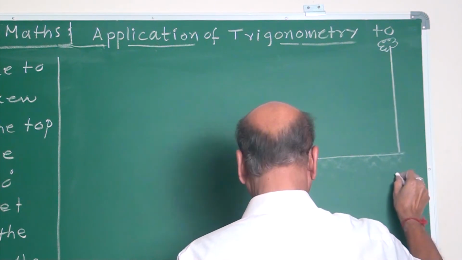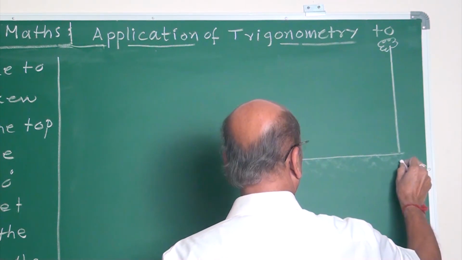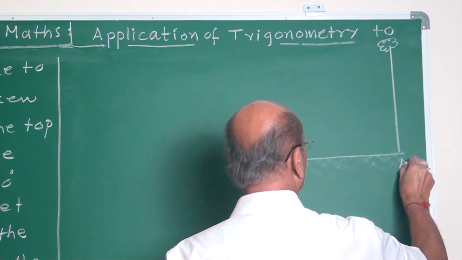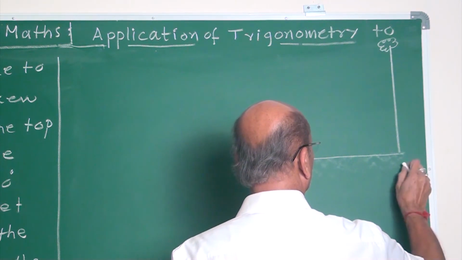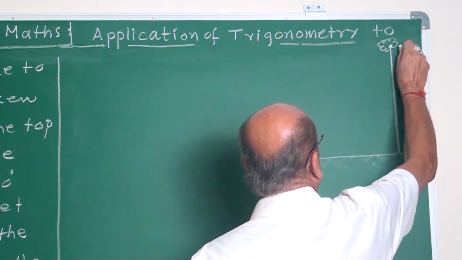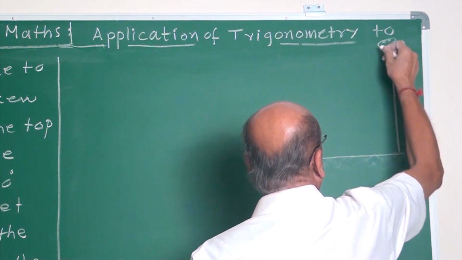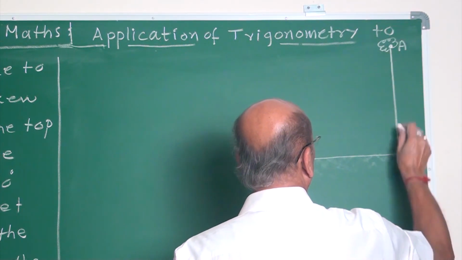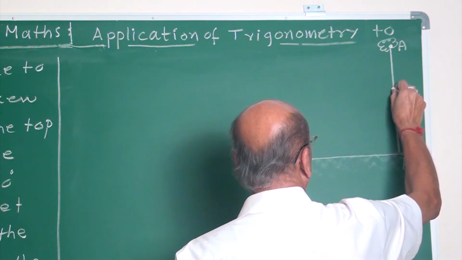Say this is AB, or we can say A is the top. The tree broke at the point C.